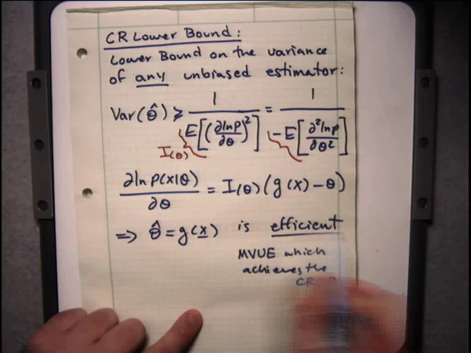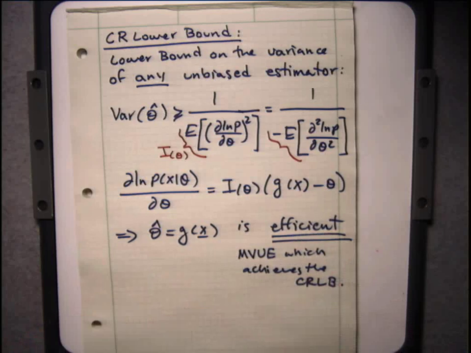Efficient is an interesting concept. It means that the estimator achieves the Cramer-Rao lower bound for any underlying value of theta. You may come up with a class of estimators, and amongst them a class of estimators that are zero bias, and amongst them the one that has the smallest variance.